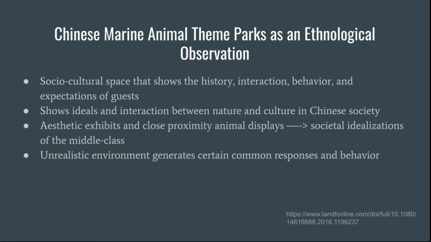And the idea behind this is that theme parks are especially popular in China, and having a marine animal theme park where marine animals are on display in abnormal habitats shows the relationship of the Chinese people between nature and culture, and nature versus man-made.